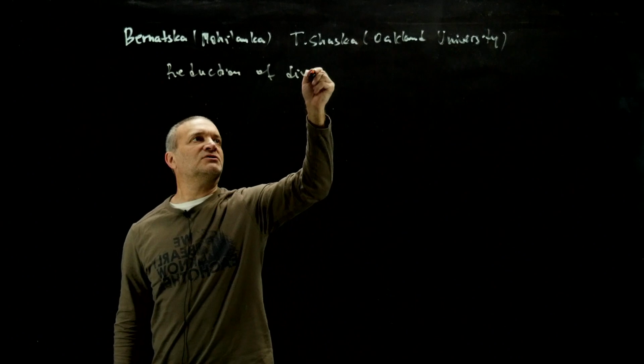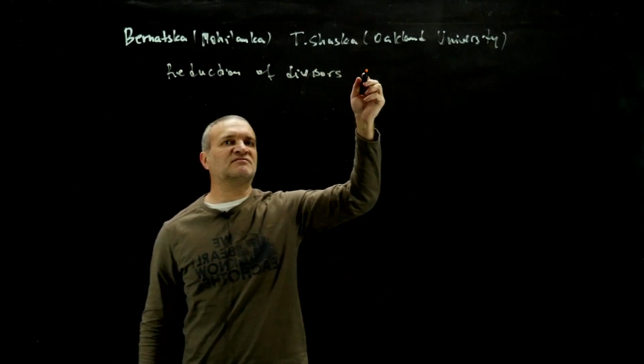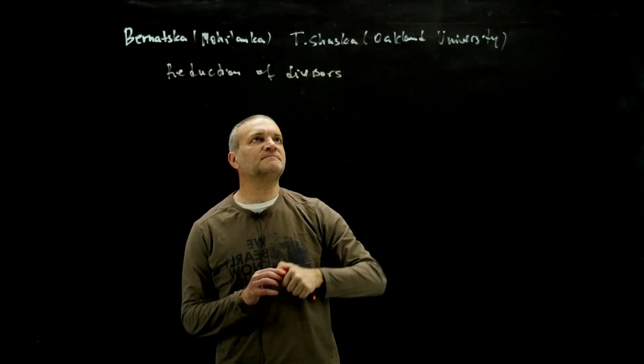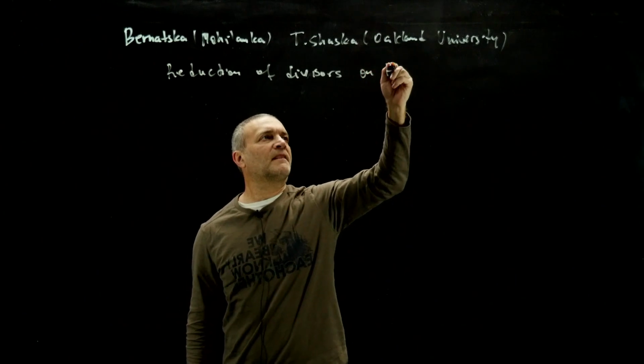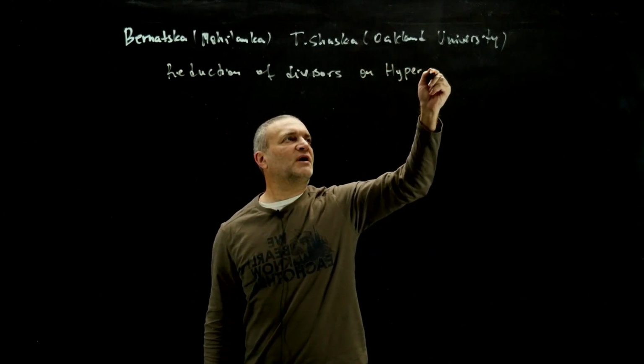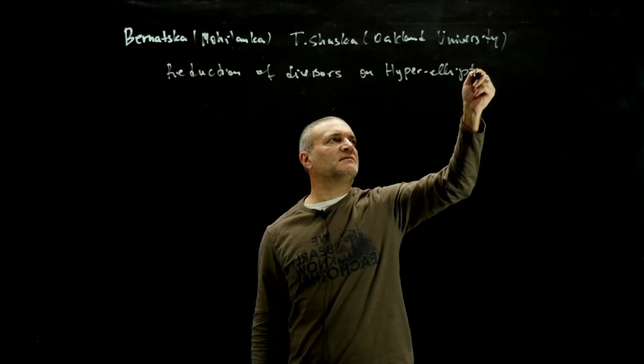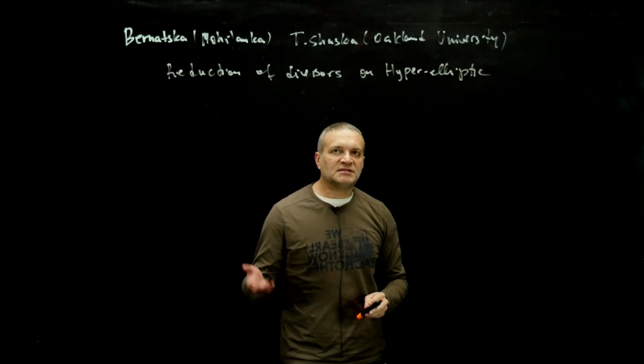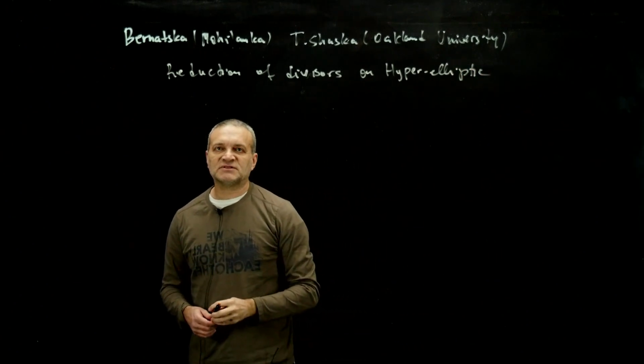I'm not going to introduce the entire shebang in this video because it will take too much time. I will assume that you know something about the theory of Jacobians and elliptic curves and all that stuff.